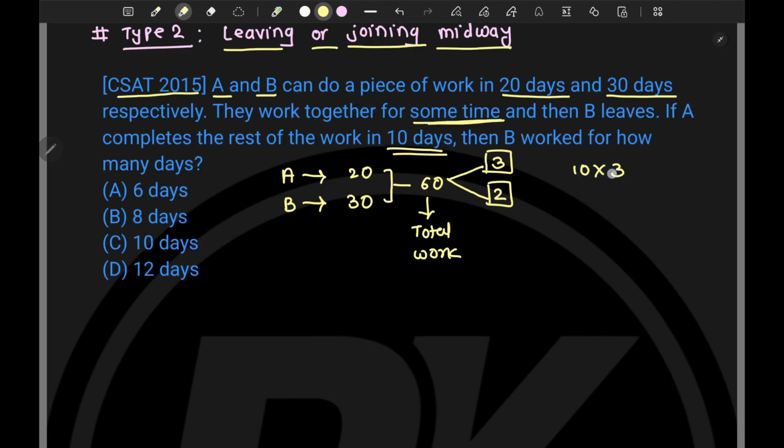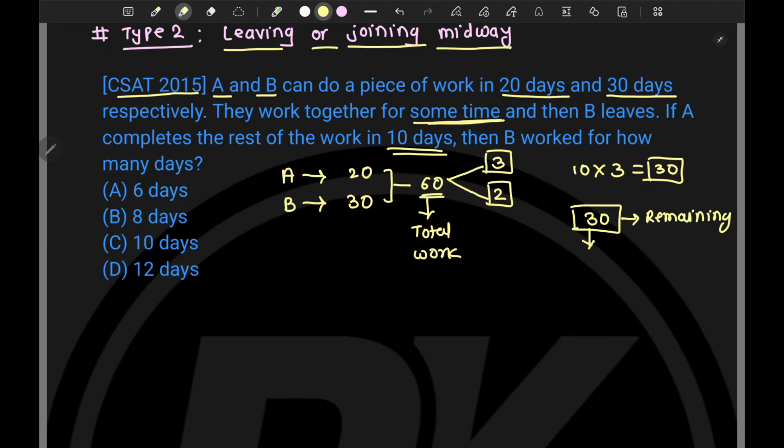So that will be equal to 10 into 3. That means 30 portions of the work A can complete in 10 days. Then what is remaining? The total work is 60 portions. The remaining will be 60 minus 30. That means the remaining is 30 portions of the work.